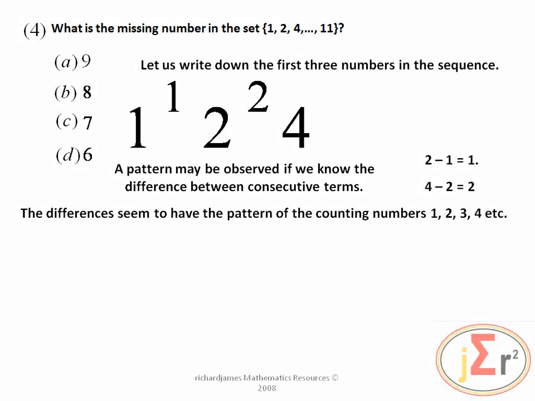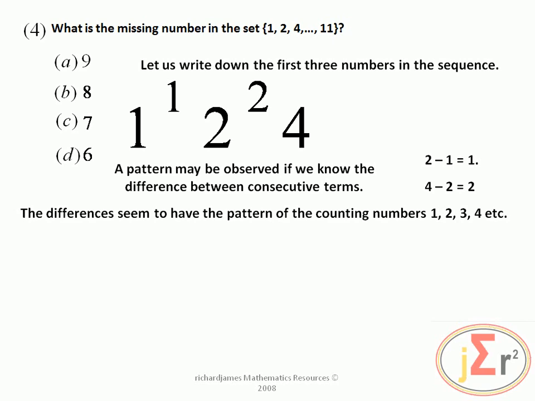The differences seem to have the pattern of the counting numbers 1, 2, 3, 4. So I have 1, 2. Maybe the next number is a 3, then 4, then 5. But of course, we cannot be absolutely sure.